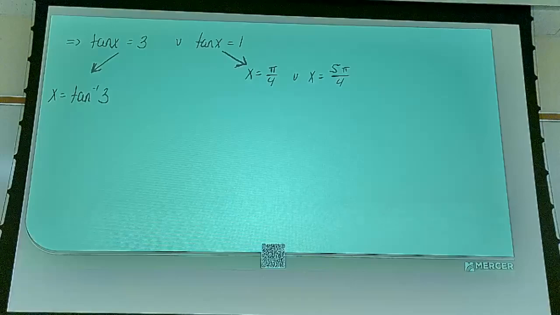What was the range of inverse tangent? Minus pi over 2 to pi over 2. Inverse tangent of 3 is going to give you an angle in which quadrant? 4 or 1?